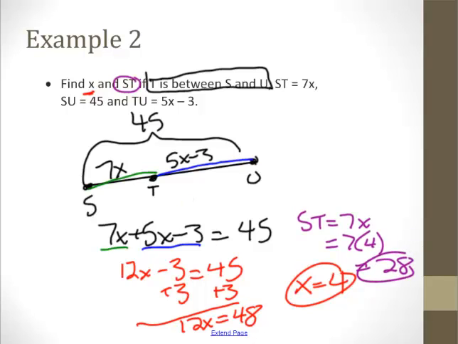So essentially we're getting two answers: x equals 4 and ST is 28. That shows up a lot on quizzes and tests where you do all this work for x, but then there's one extra little step that you need to do in order to get credit for the question.